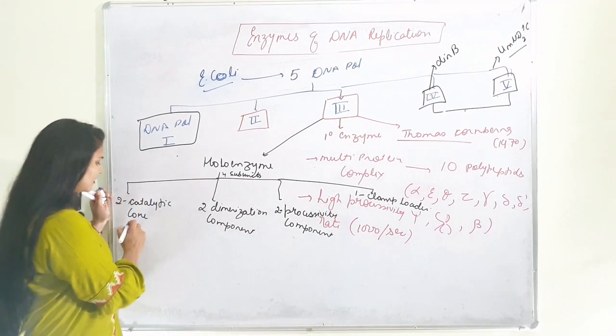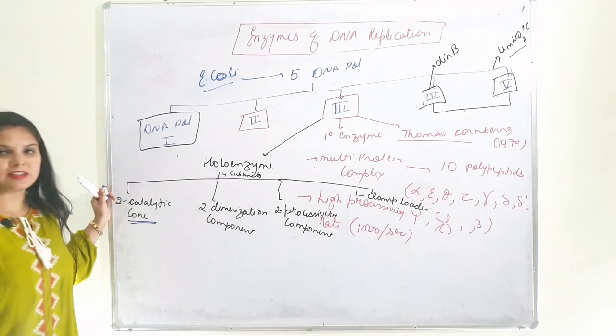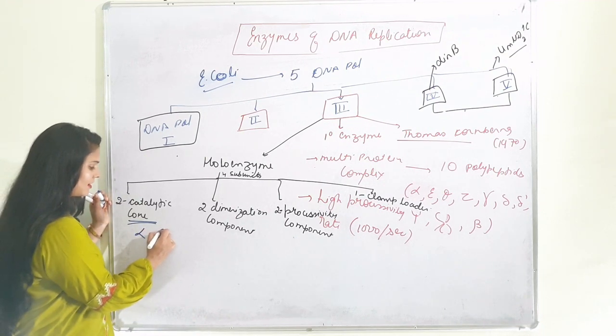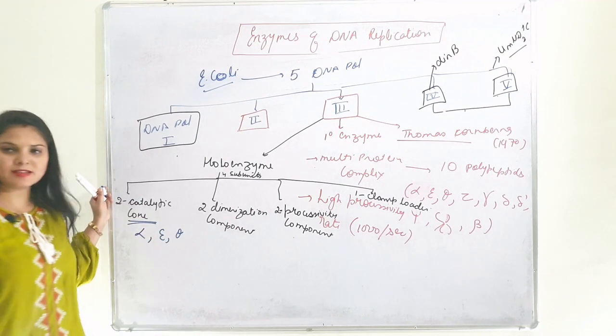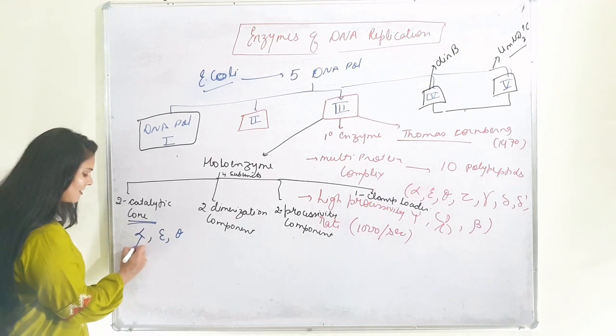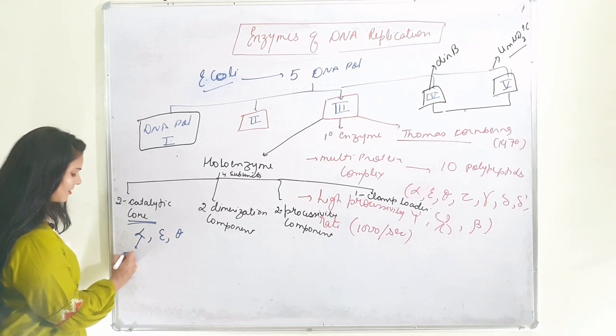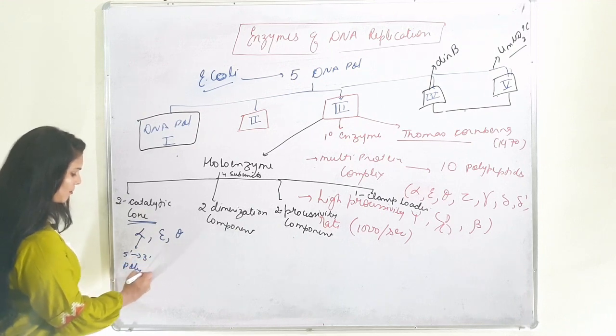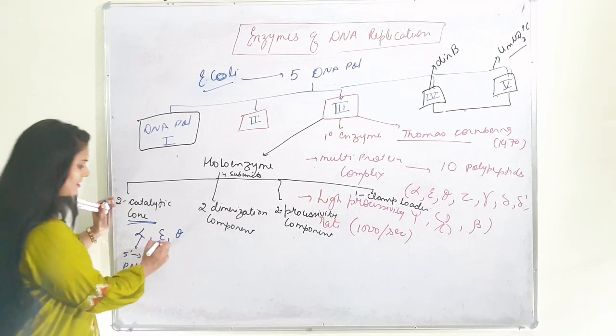Now the 2 units of catalytic core are formed by alpha, epsilon, and theta subunits. Alpha subunit has 5'-3' polymerase activity.